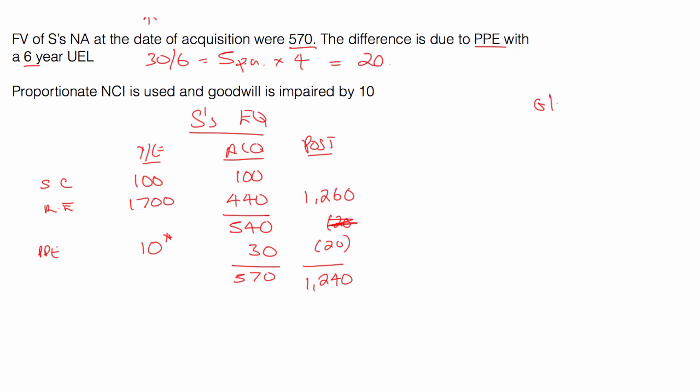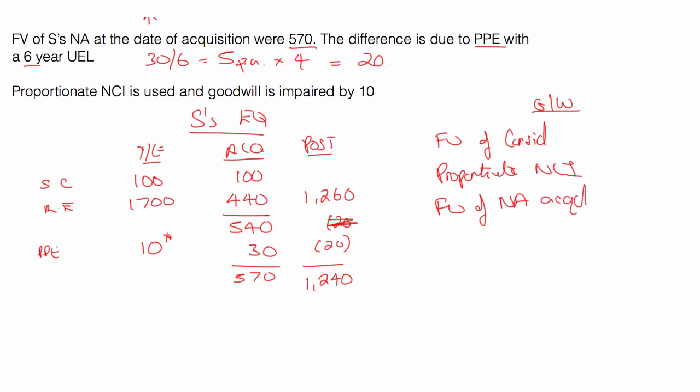Then we go on to doing goodwill, which is always at acquisition. Their fair value of consideration, proportionate NCI, which is the only NCI we've done so far. Take off the fair value of net assets acquired, which is the same as the fair value of equity, which is 570.